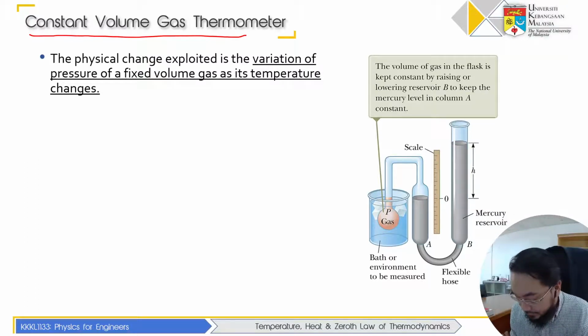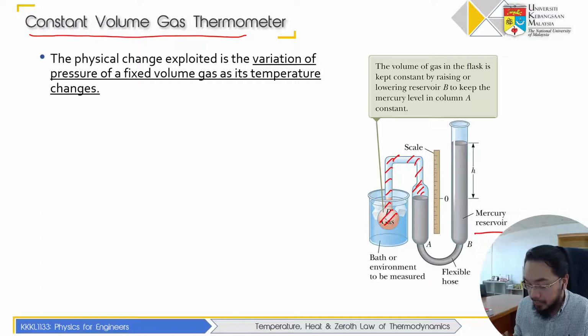So where is the gas? The gas is inside here. So you have the gas inside here, right? Inside this column. So this is all the gas. Now this gas is trapped inside this column, and then you can have a liquid. So in this particular case you have mercury blocking this gas, so it does not escape.